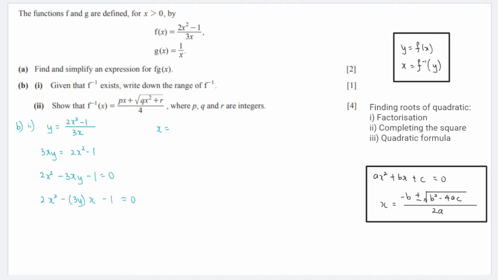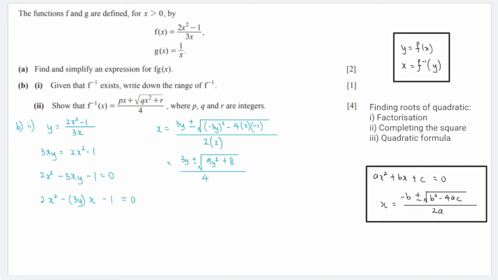So negative will give us positive, which is just 3y, plus minus square root of b squared, so (negative 3y) squared, minus 4ac. So a here is our 2, and c, again, do not forget the negative sign here, so c is negative 1 in this case, divided by 2a, which is 2 times 2.